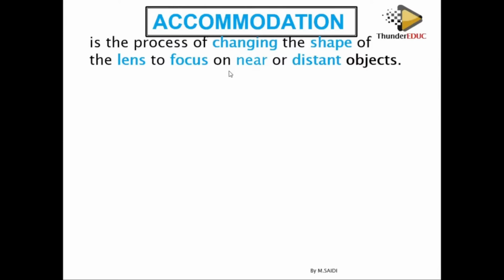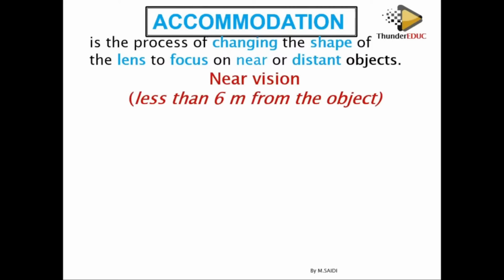Basically, the lens changes its shape so that it changes the focal length. If the focal length is changed, then the distance where the image is formed also changes. So now the eye will be able to see the near and the far object.